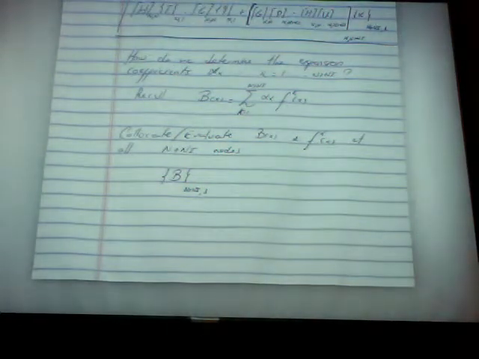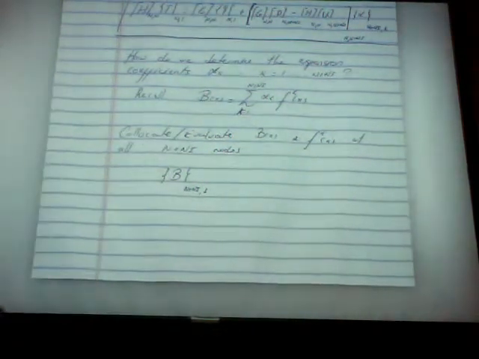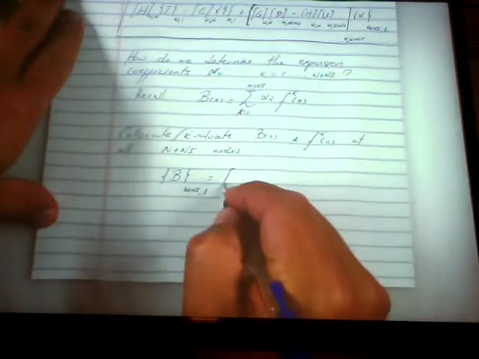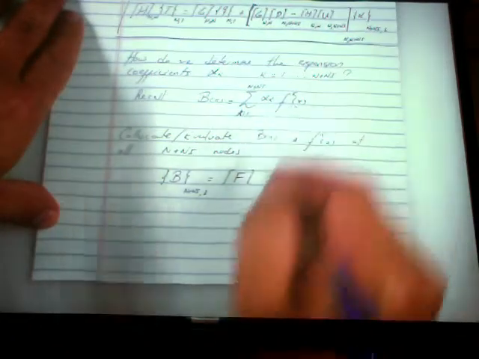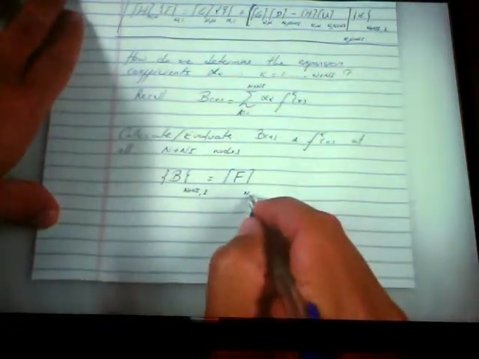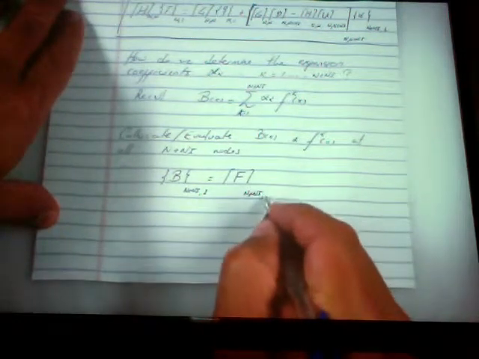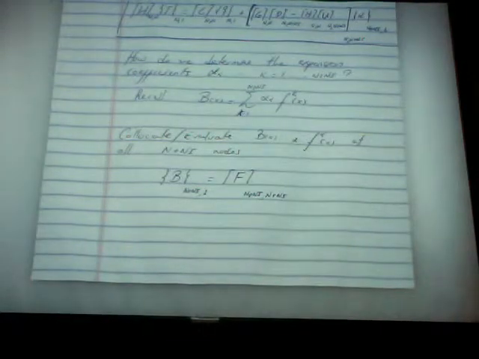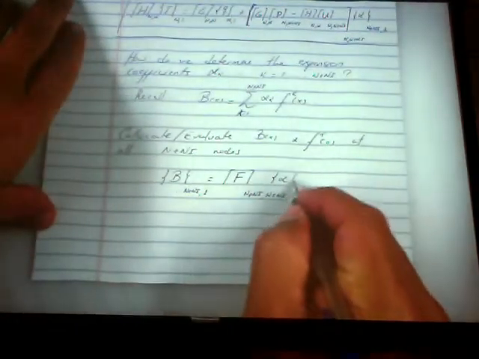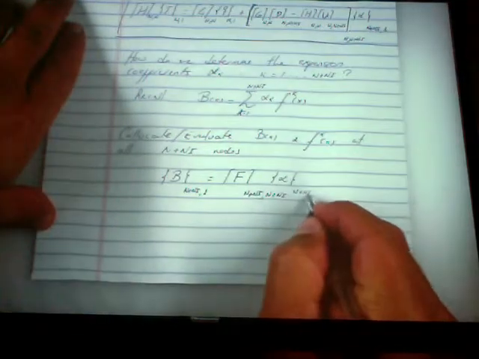These are the n plus ni evaluations of this function at all the boundary and interior nodes, is equal to f, which is the evaluation of this function fk at all the boundary and interior nodes. So we have n plus ni functions evaluated at n plus ni locations times alpha, which is n plus ni, comma 1.